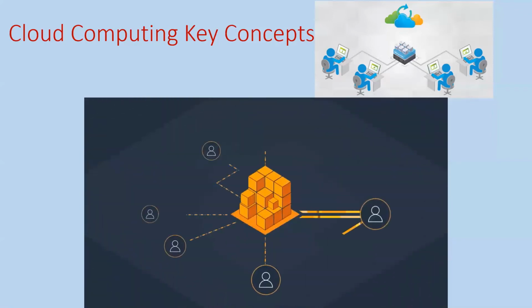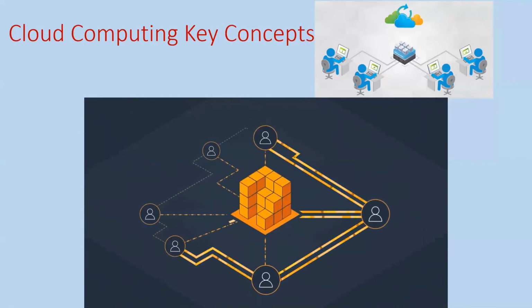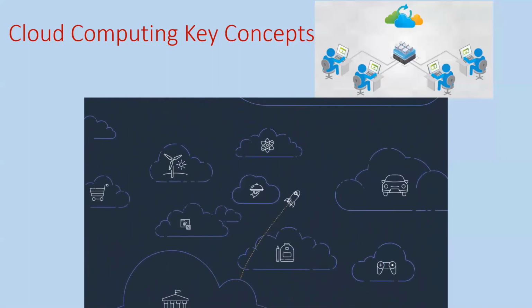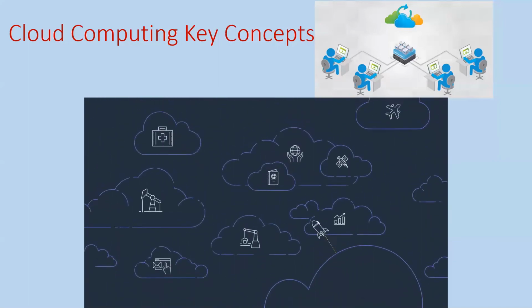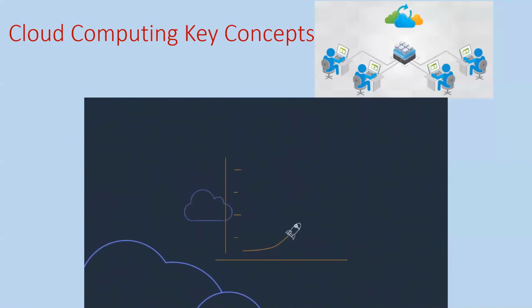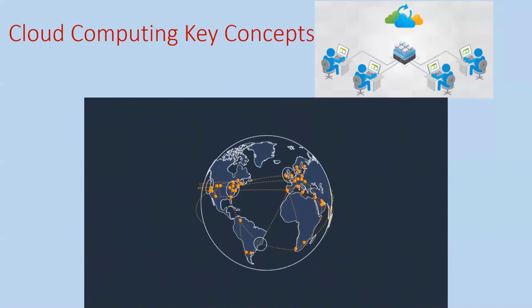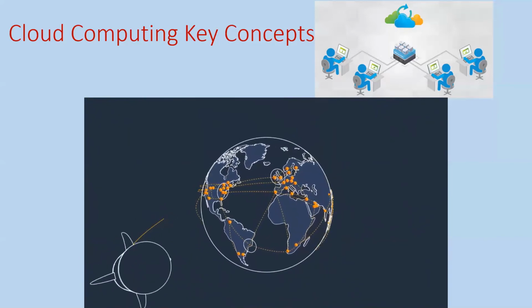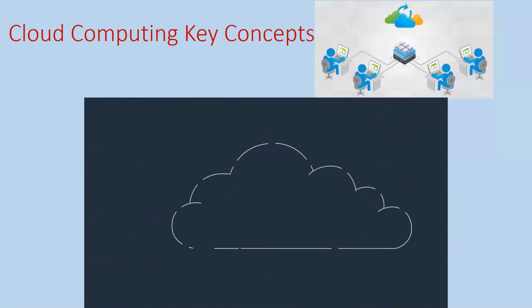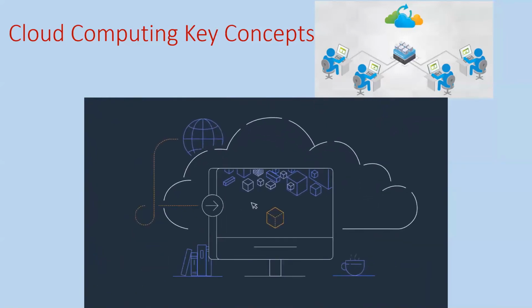Cloud computing also makes it easy to expand to new regions and deploy globally in a few minutes, or within a few clicks. Putting applications in closer proximity to end users reduces latency and improves their experience.